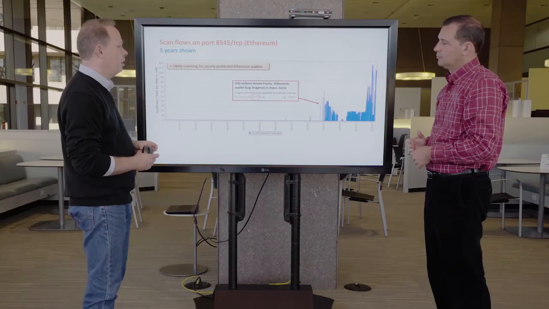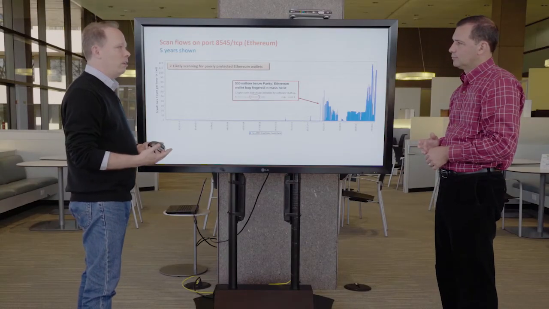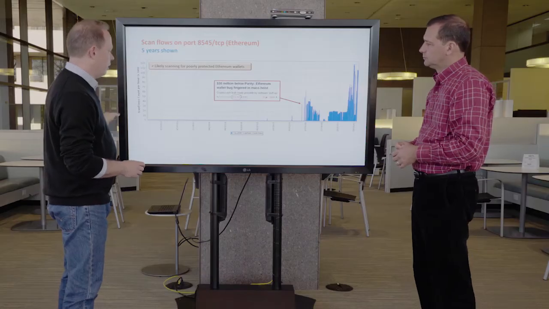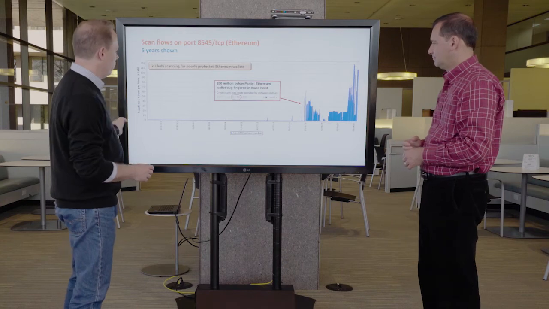So 8545 TCP, it's been talked about in our show for probably the past month or so. And this is, I believe, likely scanning for poorly protected Ethereum wallets. And Ethereum is another cryptocurrency similar to Bitcoin, but not exactly the same. This is a 5-year chart because I wanted to just show kind of a long-term trend. As you see, nothing, nothing, nothing.